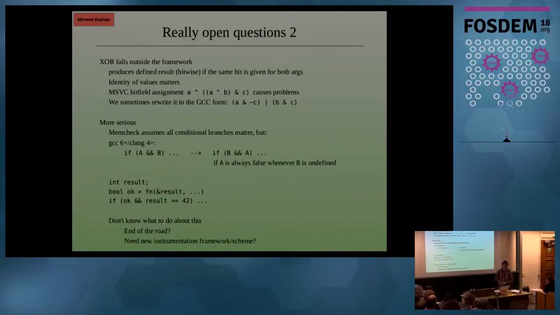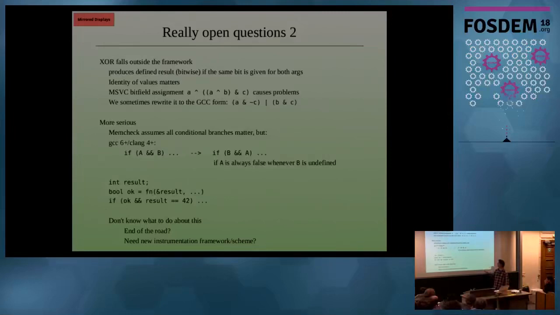This is pretty hard to get your head around. But if it's always the case that A is false whenever B is undefined, then you can switch these around and you still get the same result, because you're doing either false and undefined, which is false, and here you're doing undefined and false. So it's either true and false or false and false.